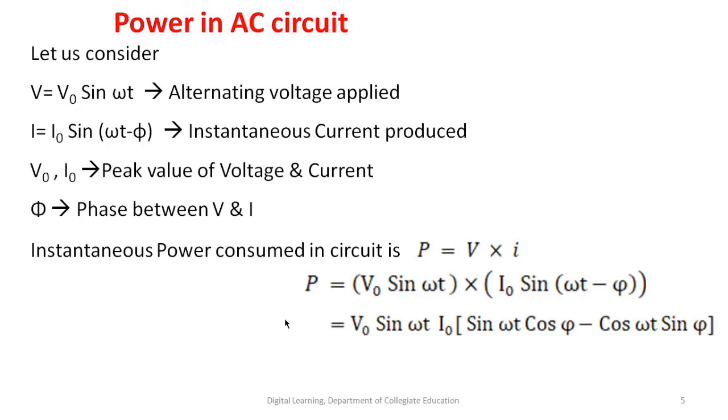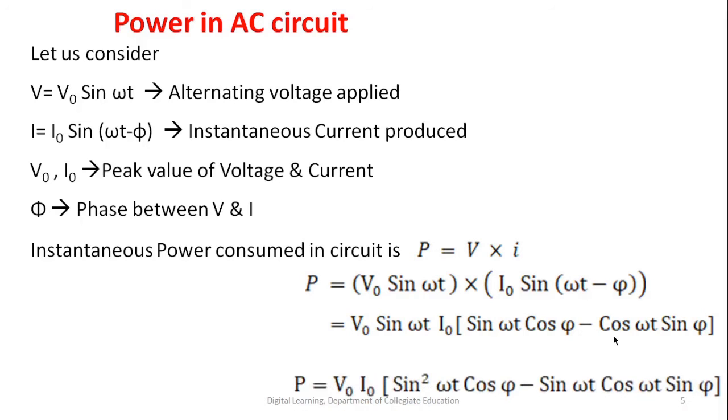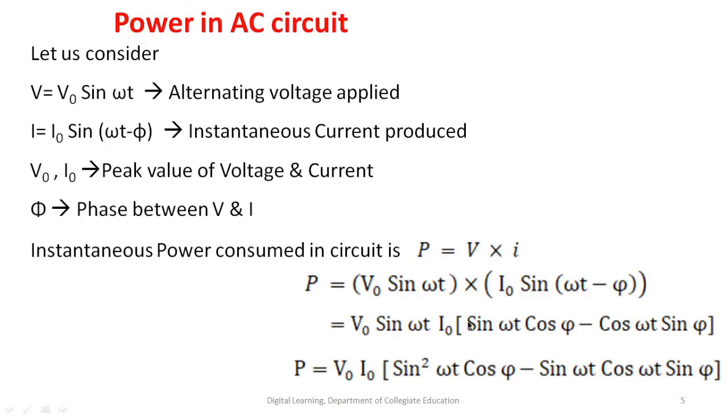Therefore, the expression for power becomes V naught I naught sin omega t into sin omega t cos phi minus cos omega t sin phi. Multiplying the terms inside the bracket with sin omega t, P is equal to V naught I naught into sin square omega t cos phi minus sin omega t cos omega t sin phi.